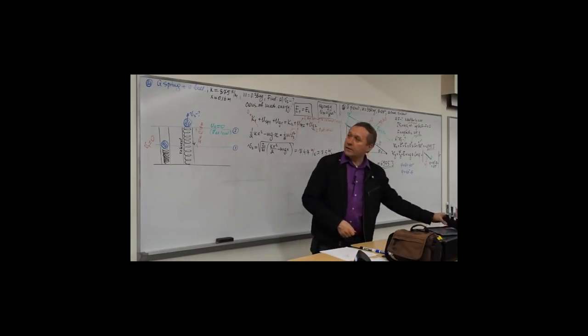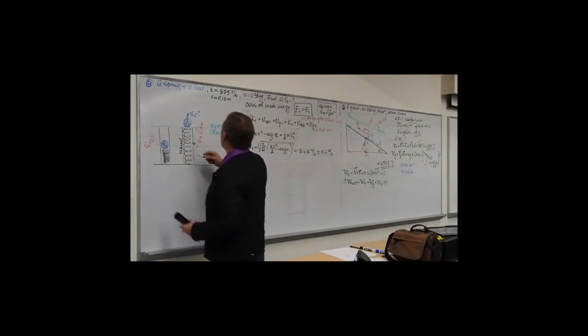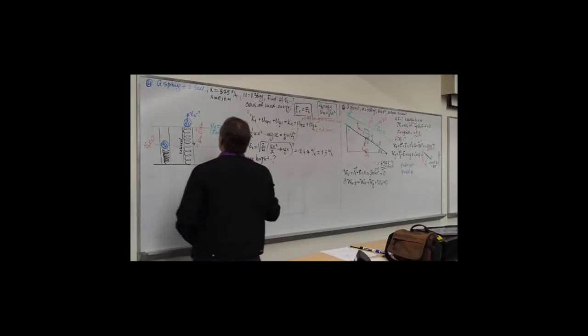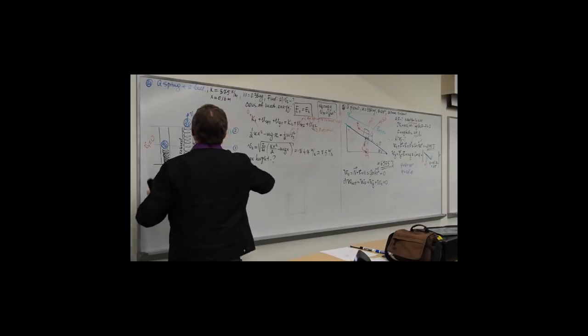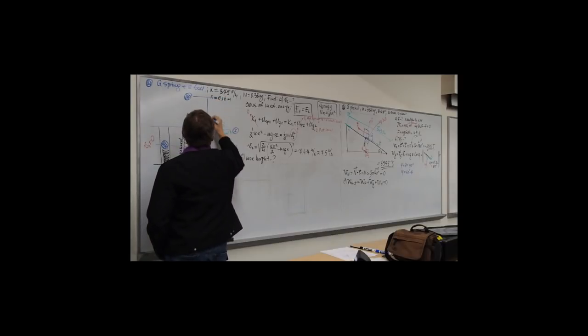Now, next question, part B. Let's find the maximum height very quickly. Let me label it. First, let me draw. It will go, for example, to this level, and we need to find this h.